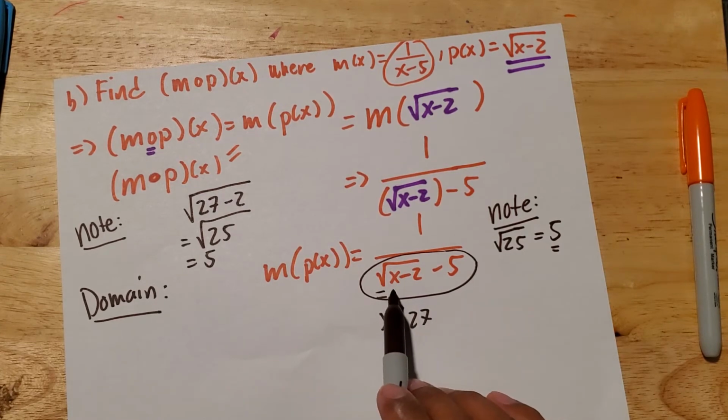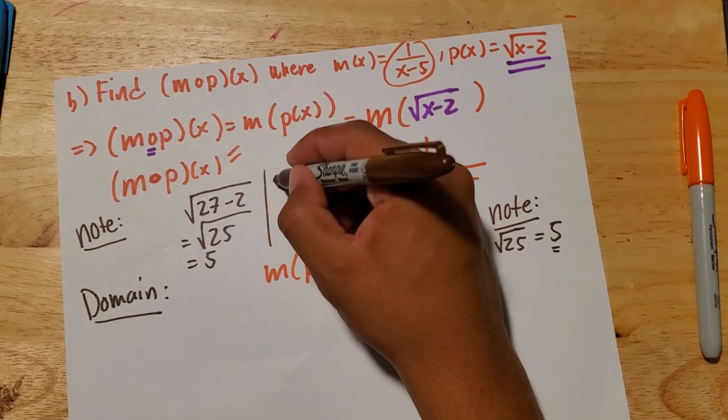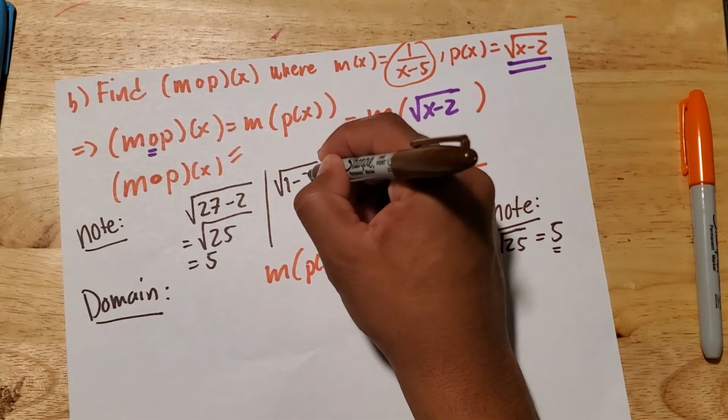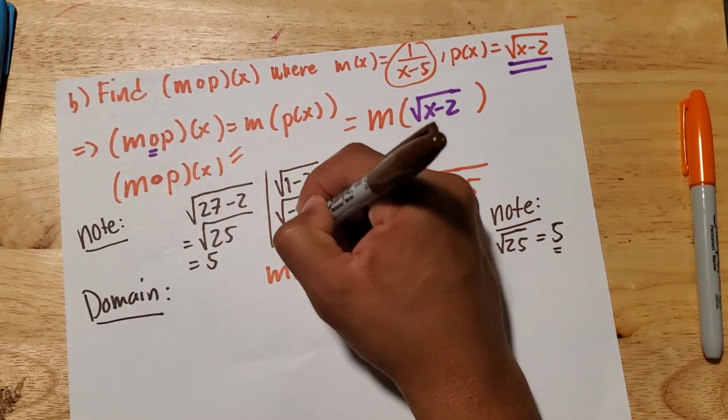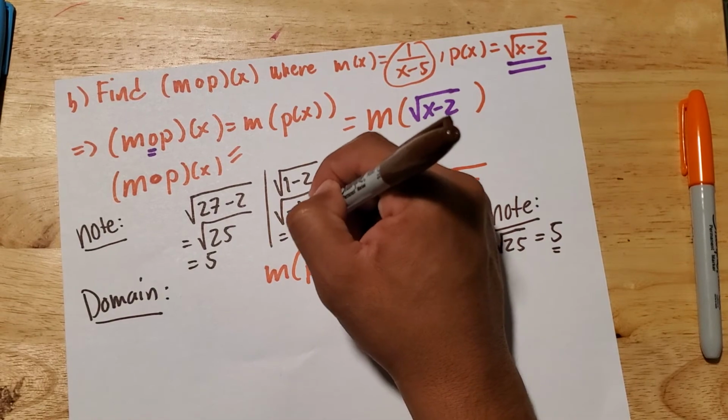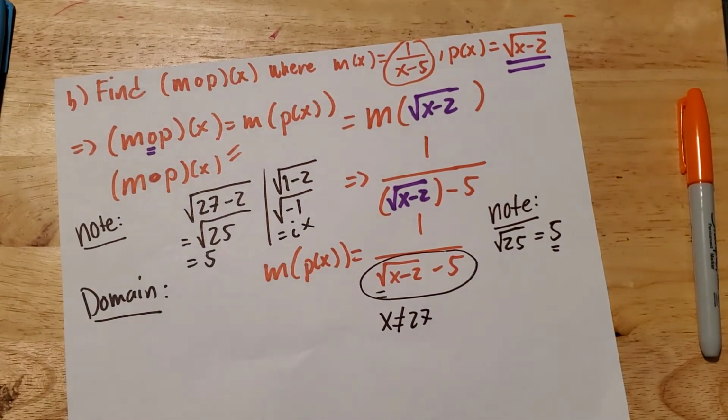Because if I plug in 1 here, 1 minus 2 is going to give me negative 1. So this is what I'm saying. If I plug in 1 minus 2, that's going to give me negative 1, the square root of which I know is equal to i, but that's not a real number. That's a complex number. So it's not just that all numbers satisfy this function.